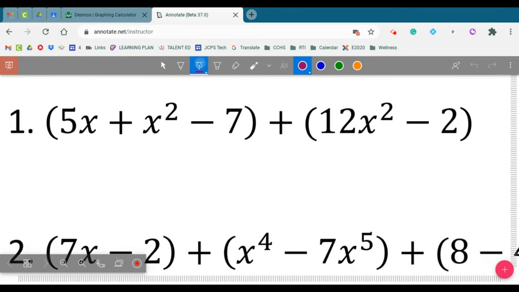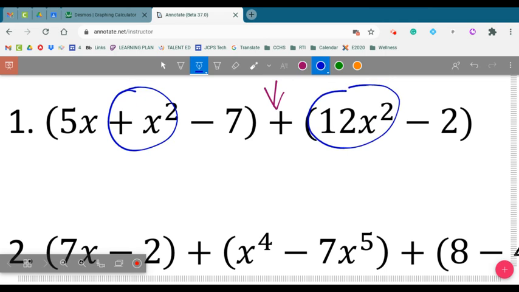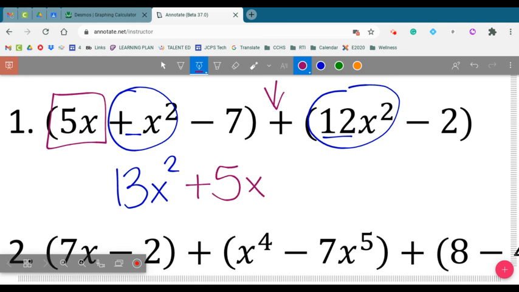So the first one, we see that there's an addition sign in the middle, so we just combine like terms. So we want to start with our biggest exponent. So we have x squared and 12x squared. Add your coefficients. So 1 and 12, you're going to get 13x squared. Then we can do 5x. Can't combine with anything, so we just bring it down.